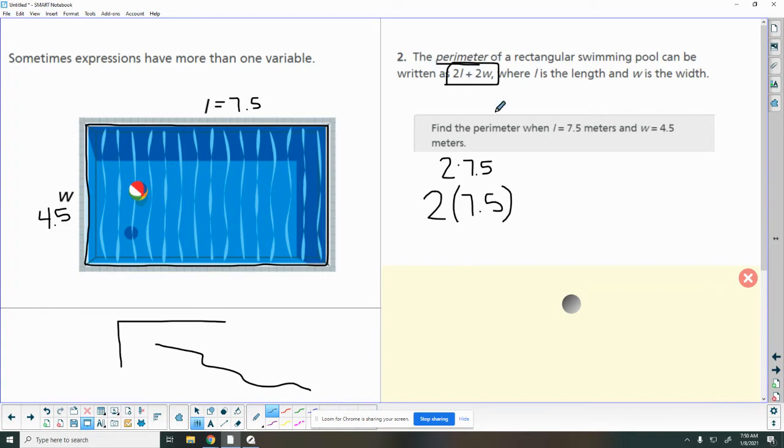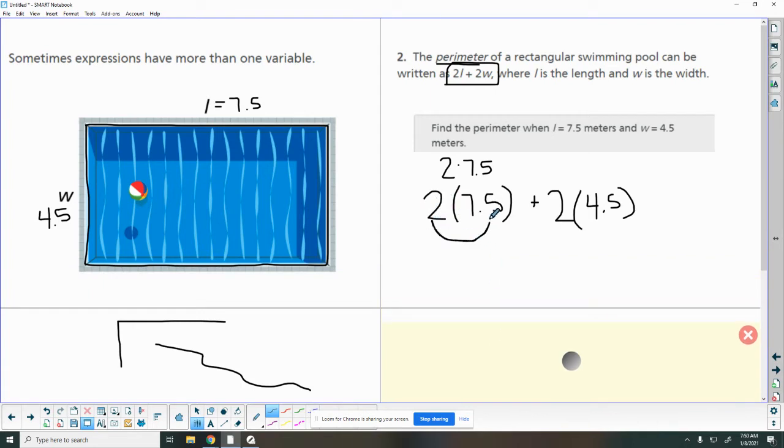So now we need to add 2 groups of W. W was 4.5. When the number, the coefficient, is right in front of the variable, that means we're making groups of those, multiplying. So now we can do 2 times 7.5, 2 times 4.5.